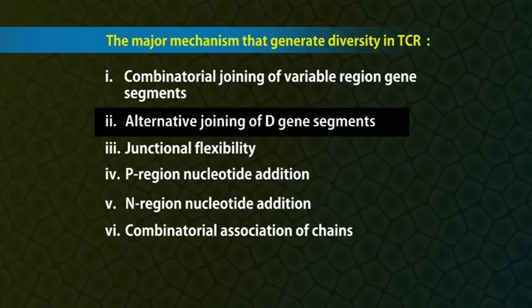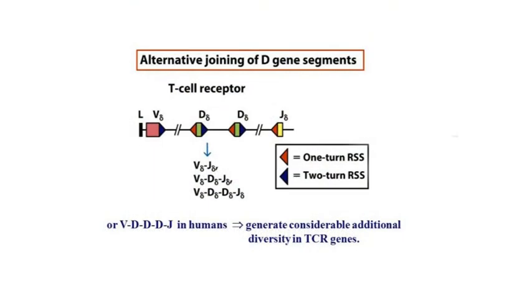Alternative joining of D gene segment. The location of 1 turn 12 base pair and 2 turn 23 base pair recombination signal sequences in TCR beta and delta chain DNA allows for alternative joining of D gene segments. Thus, it is possible for a V beta gene segment to join directly with a J beta or a D beta gene segment, generating a VJ beta or VDJ beta unit.